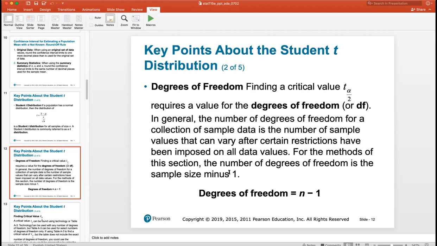You may wonder why we have to subtract 1 from the sample size.